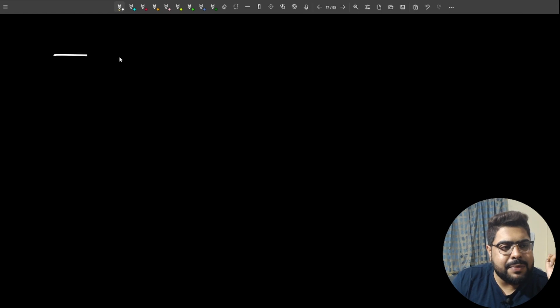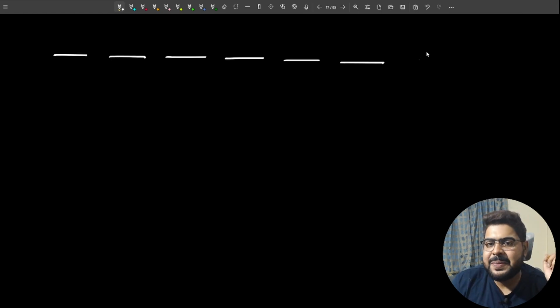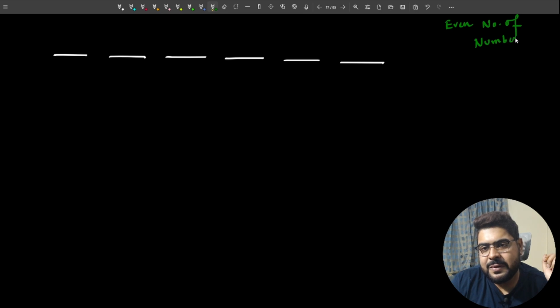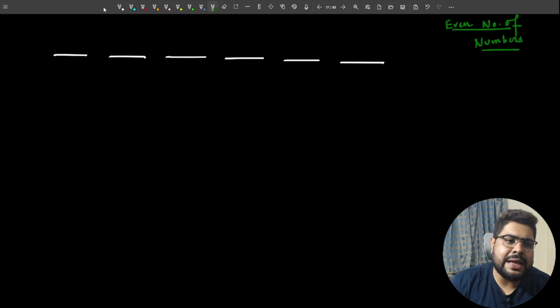Say for example, there are 6 numbers now, 3, 4, 5, 6. That means we are talking about an even number of numbers. Say these are consecutive even numbers.